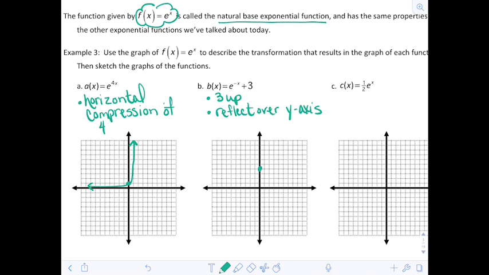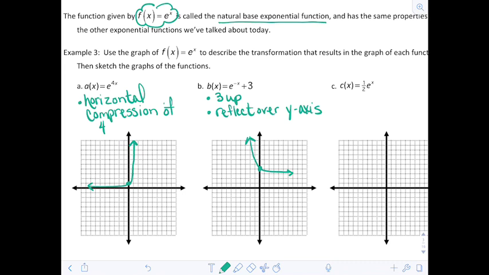Where I used to have a horizontal asymptote of 0, this now is going to have a horizontal asymptote of 3. Oh, and it reflects, forgot about that part. So as we reflect over the y-axis, we're going to have a graph that looks similar to this.